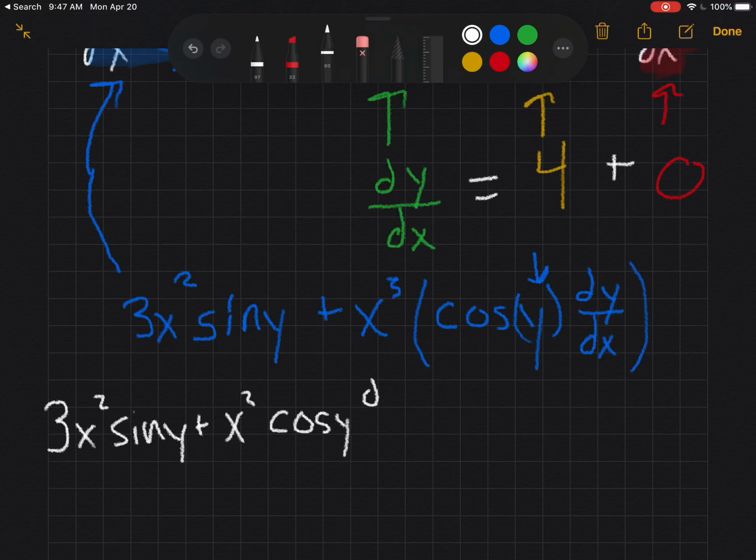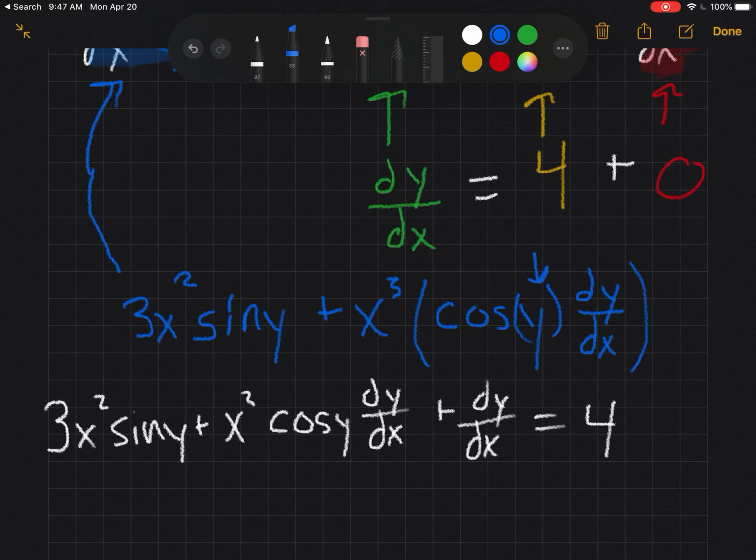Okay, so let's add all of these pieces together. So we have 3x squared sine y plus x cubed cosine of y times derivative of y with respect to x plus derivative of y with respect to x is equal to 4.